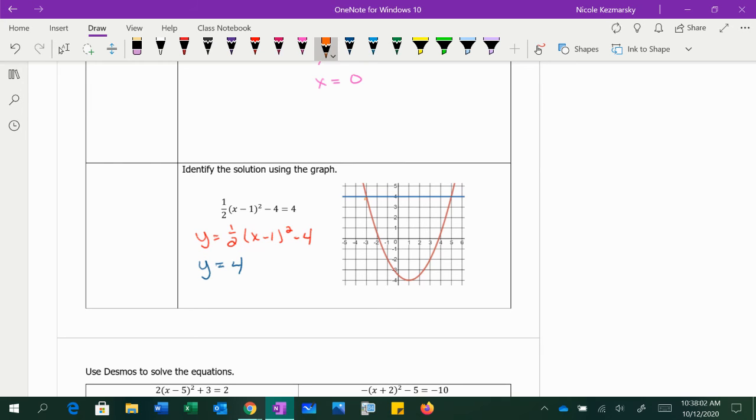If we look at the intersection points and put dots on them, and then look down to the x-axis, we get x equals negative 3 and x equals 5.